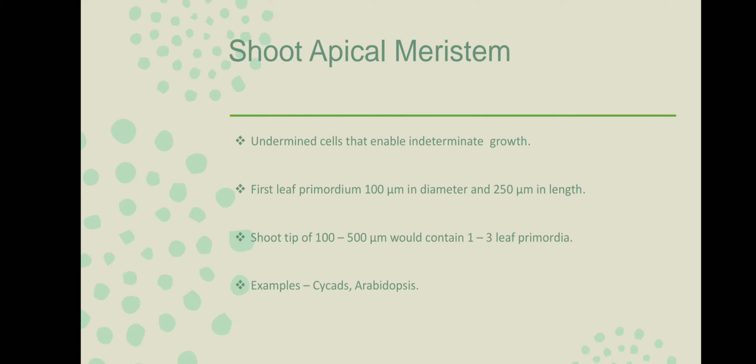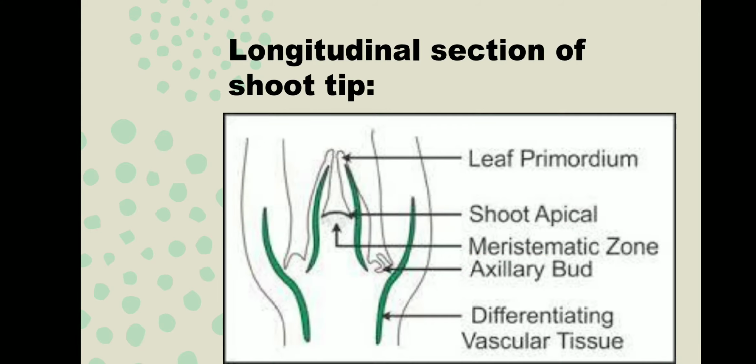Sometimes it is flat or mounded, as you can see in the diagram. This variation is mostly associated with successive rounds of leaf initiation. That means how many leaf primordia will be formed also determines the shape of the SAM, and the cells flanking the SAM, on the left and right of the shoot apical meristem, also determine it.